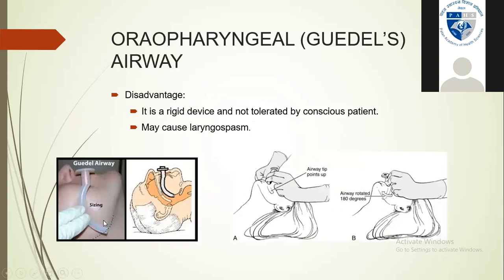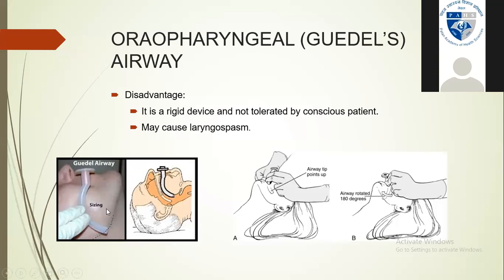In any airway device, whether simple or advanced, the first thing is sizing. Sizing is very important in any airway device. We choose a Guedel's airway of correct size by measuring from the angle of the mouth to the angle of the mandible. Whichever fits best will be the choice of size.